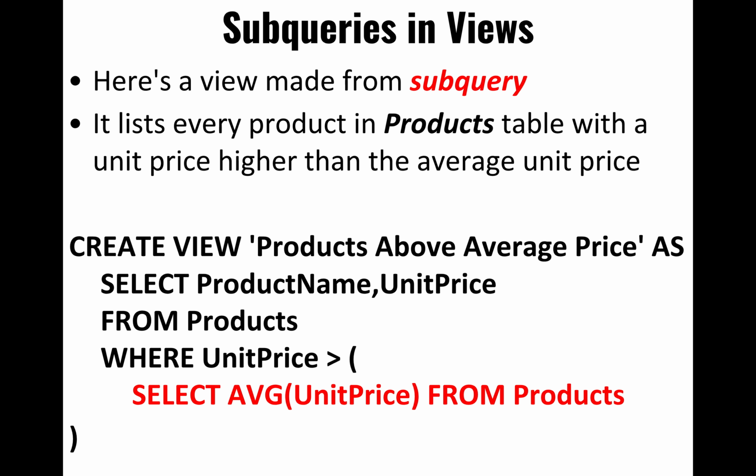Just like this select statement is being replaced by this named view, this subquery could also be replaced by a view, right? We could give it a name, and so this could be a view built on top of another view, which is pretty cool, right? You can have views within views within views, as complex as you like.